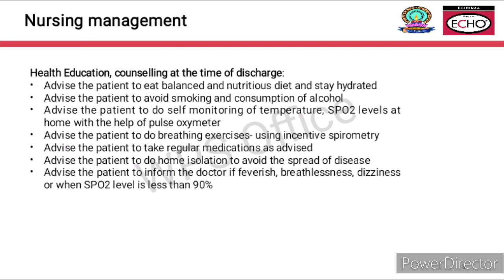Then advising the patient to do breathing exercises using the incentive spirometry, to take regular medications as advised, and to do home isolation to avoid the spread of the disease. Advise the patient to inform the doctor if there is any fever, shortness of breath, dizziness, or when the SpO2 level is less than 90%.